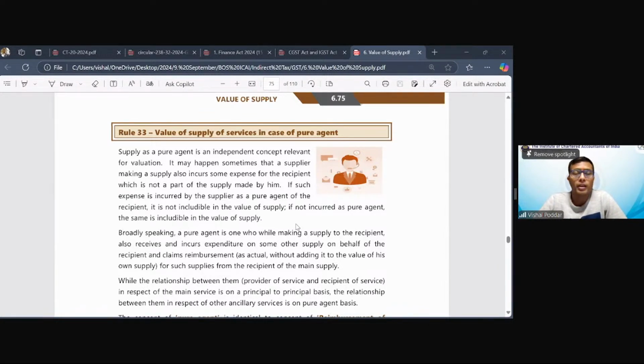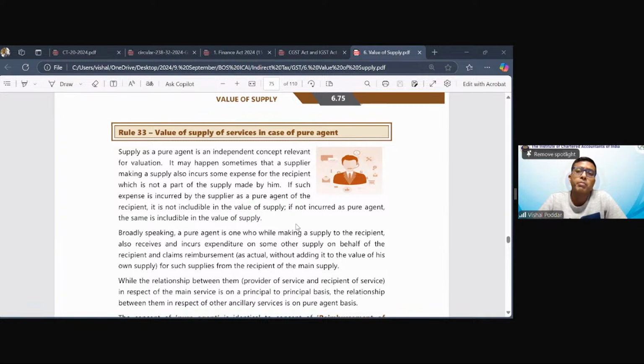Now this happens practically, that many times clients are not comfortable paying tax themselves. They are not able to understand the online portal or they are not comfortable using online banking and all those things. So practically they give the money to the consultant and the consultant deposits the money on behalf of the client.